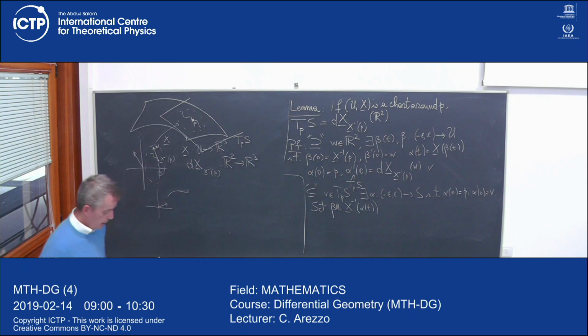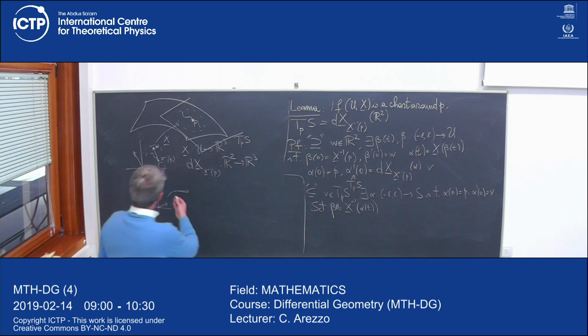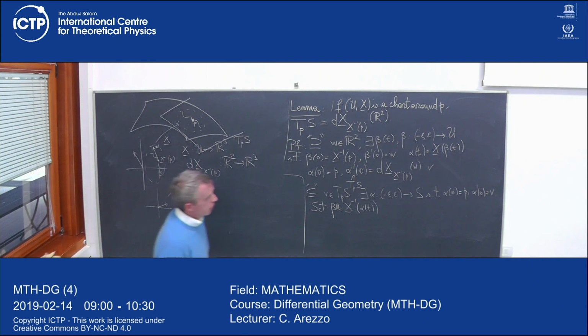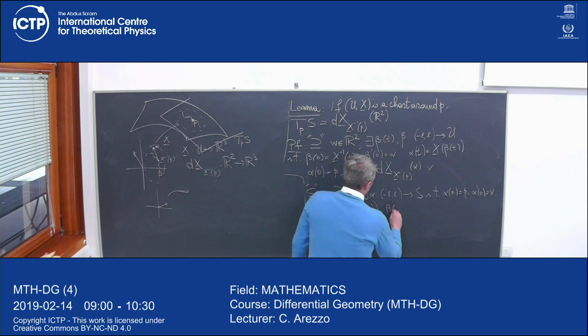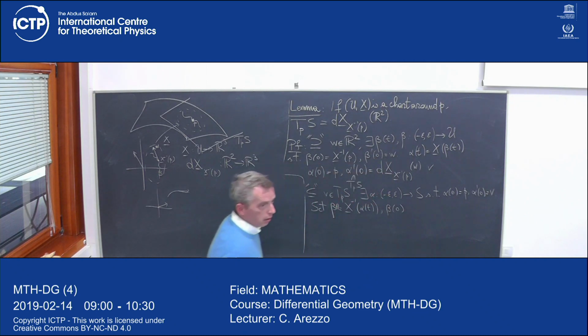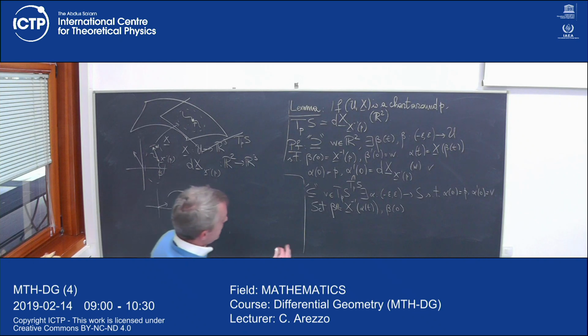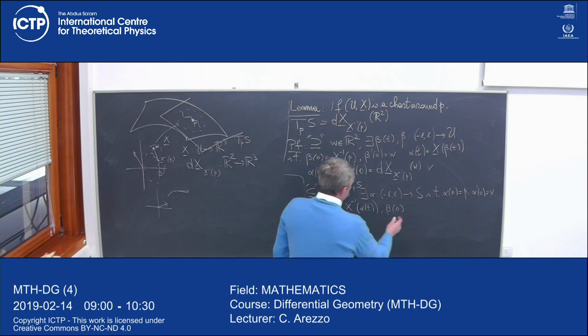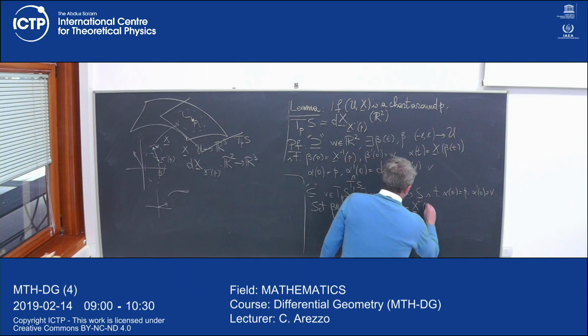Okay? Now, this is a curve in U. So, what do you have to check? What is beta of 0? Beta of 0 is, again, x inverse of alpha of 0. This is, of course, x inverse of p.